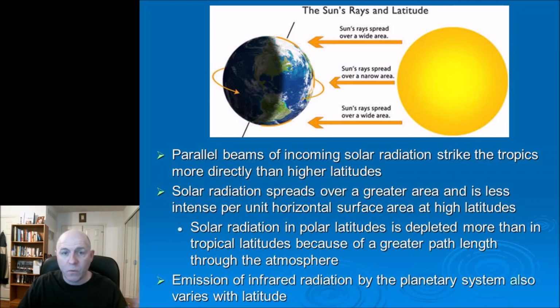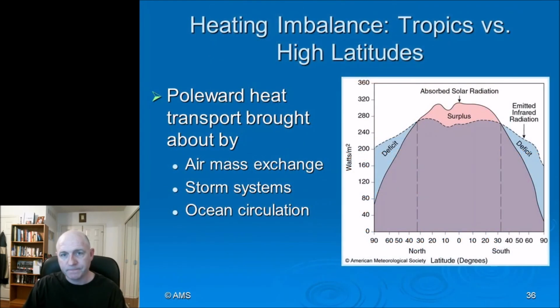All right, over the equator, or those areas between the Tropic of Cancer and the Tropic of Capricorn, the sun's rays are more direct over a narrow area, over a smaller physical area. Toward the poles, you've got the same energy spread over a broader area, so you're getting less energy per unit area. No surprise, it's going to be a little colder at the poles just from those arguments, all right?